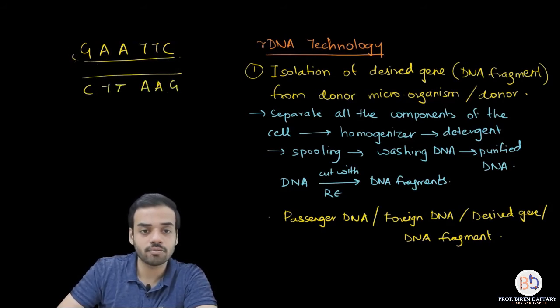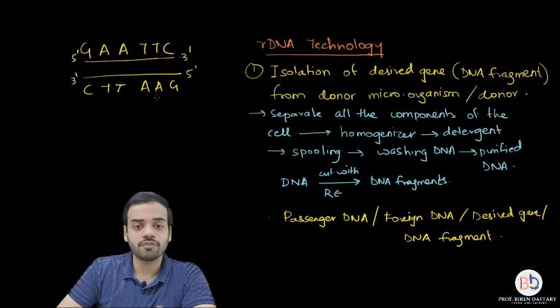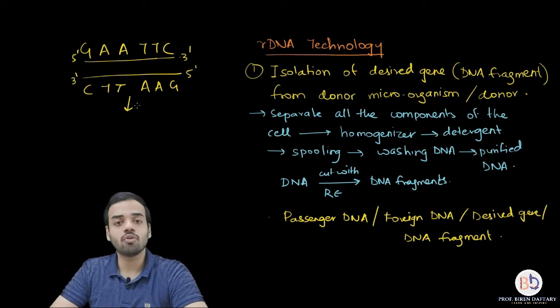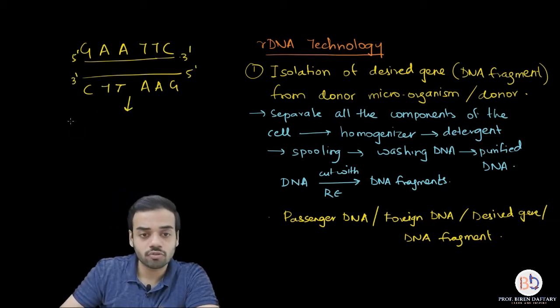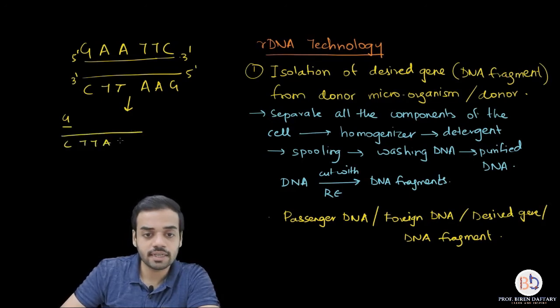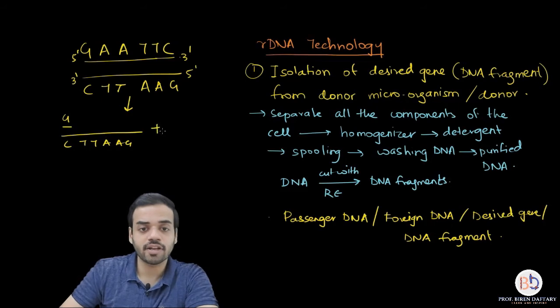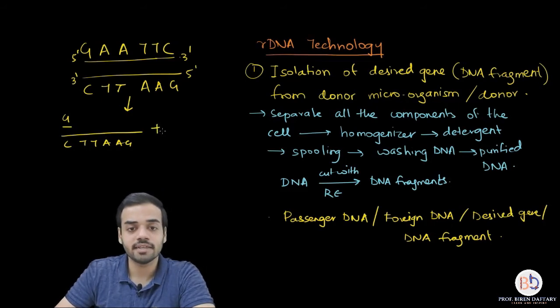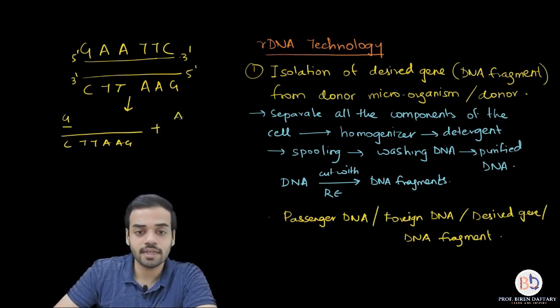This is a palindrome. You know what a palindrome is. After cutting with EcoR1, you get two fragments. One fragment will be G bound to CTTAAG, and the other fragment will be AATTC bound to another G.